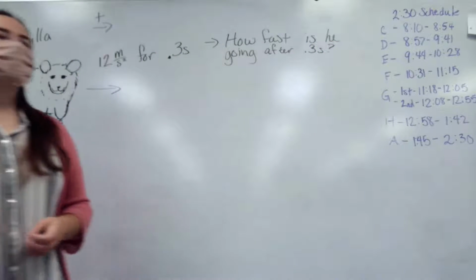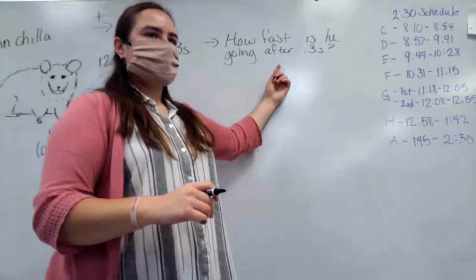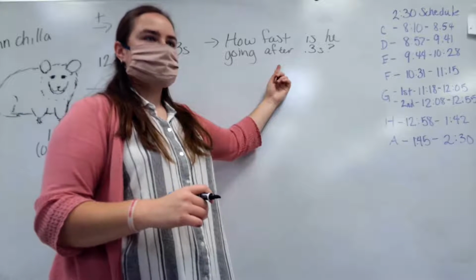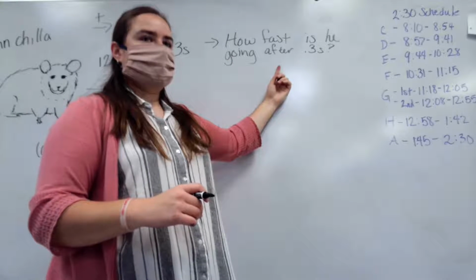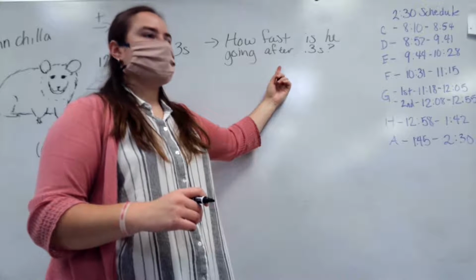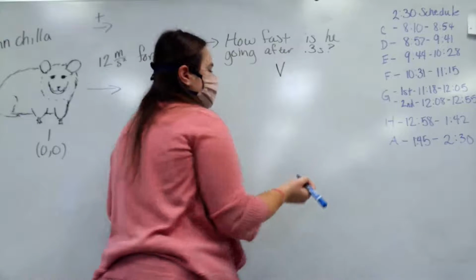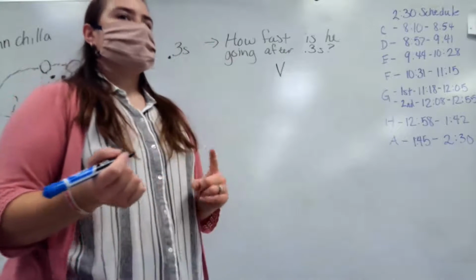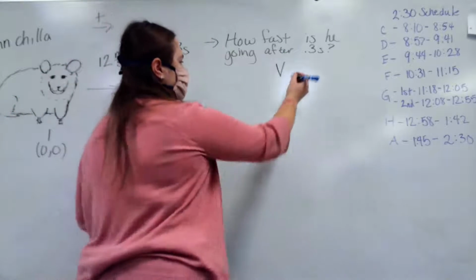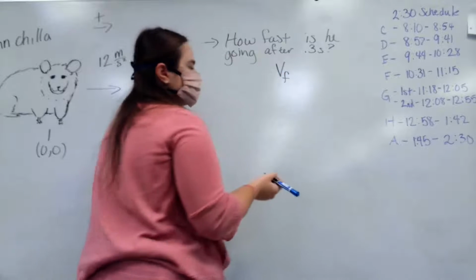Okay? So which variable are we looking for here? Anybody? Yeah. We're looking for our speed. So we're going to be looking for velocity here. Okay? If we want to get really technical, this is our final velocity.